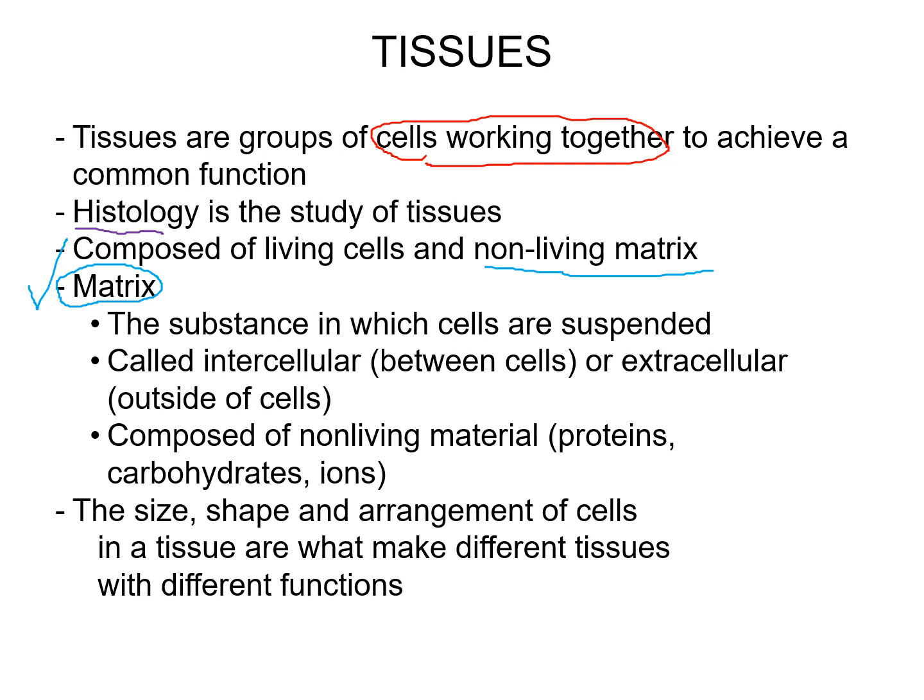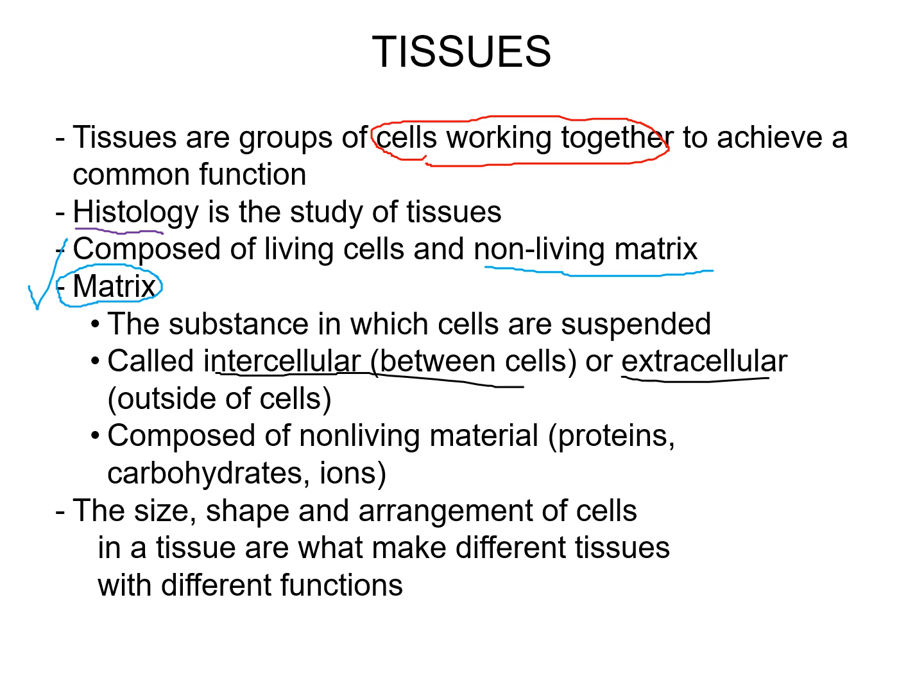And the matrix can be found pretty much everywhere where there's not cells. So it can be found intercellularly between the cells, or it can be found outside the cells, which we call the extracellular area or extracellular matrix in some cases. So inter, between them, extra, outside. And those kind of go interchangeable for most parts of the body.